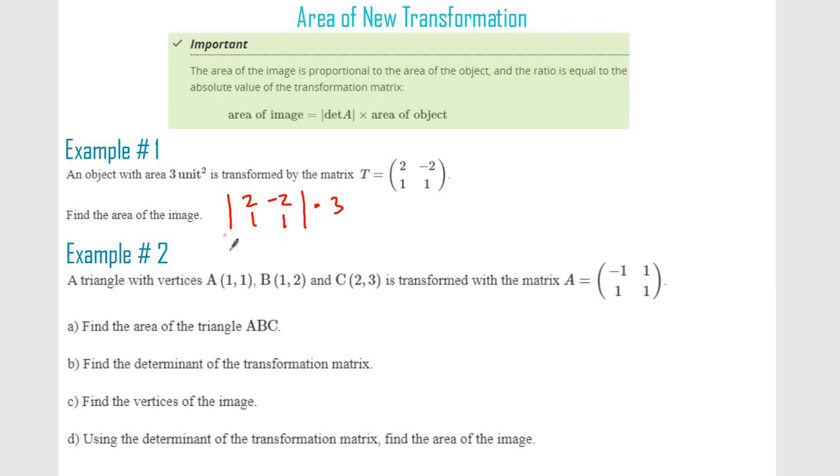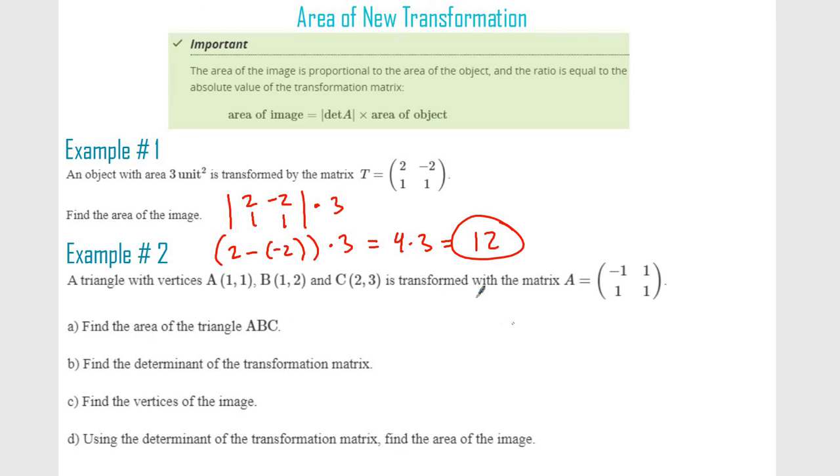So the determinant here would just be 2 minus -2 times 3. So that would be 4 times 3. So our new area is 12. All right, so hopefully that was simple enough. Okay. All right, let's do number 2.